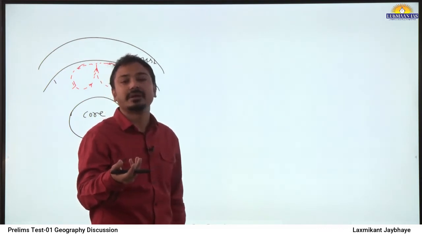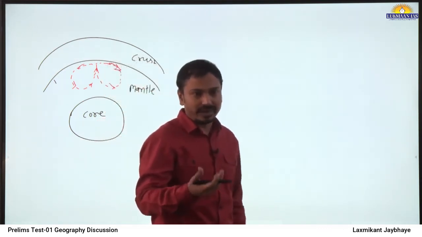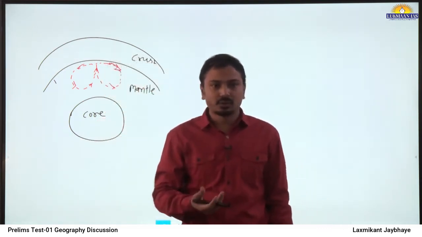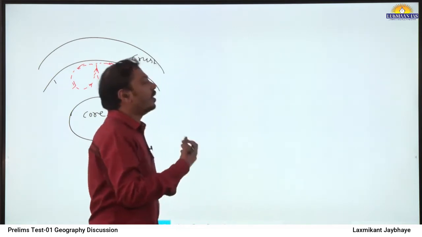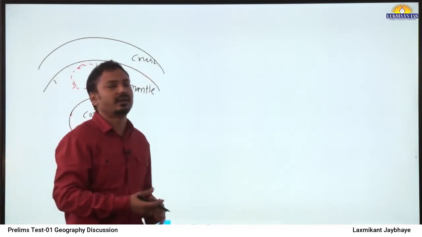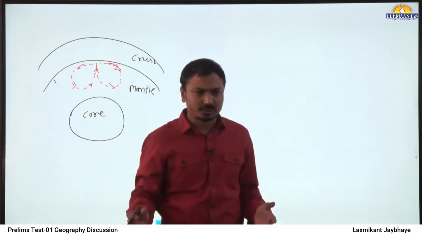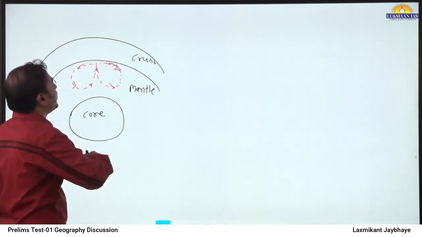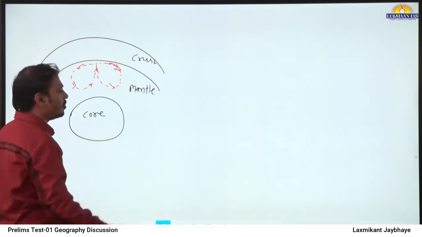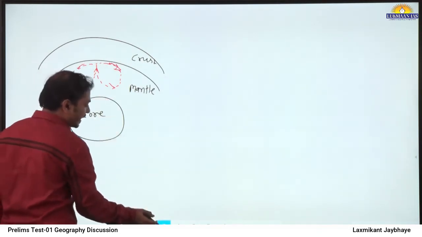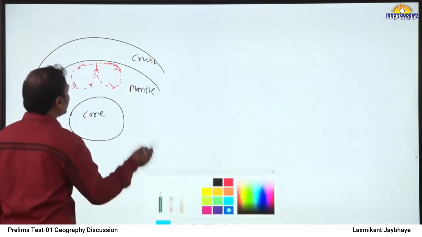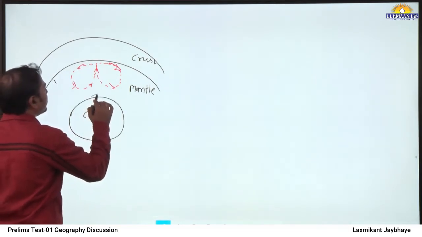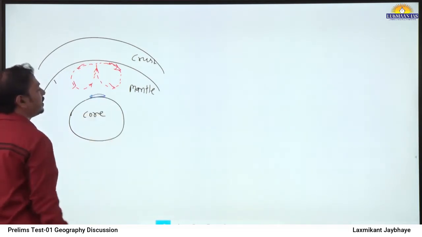The best example is the Hawaiian volcanoes. Some of the hotspots are there, like Iceland or the Reunion hotspot. We are going to talk about it. They are actually because of mantle plumes. Now mantle plumes, as against this, actually originate from the mantle core border.